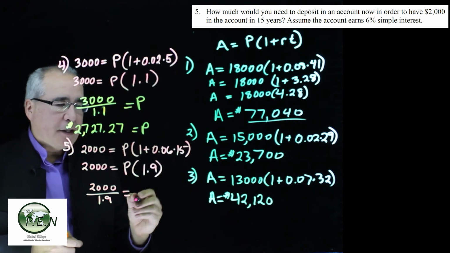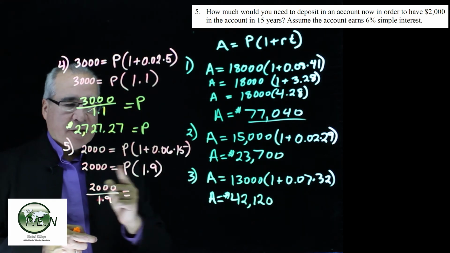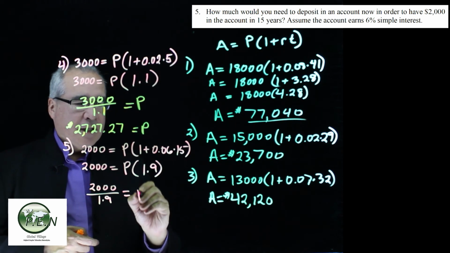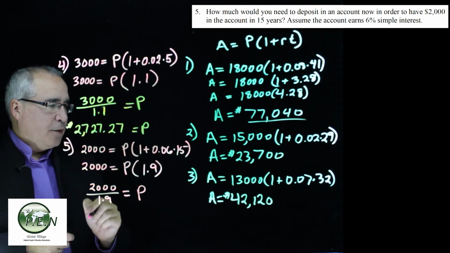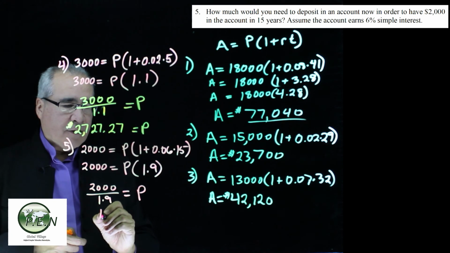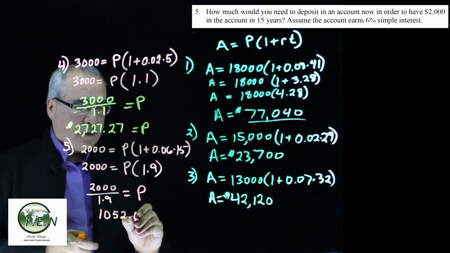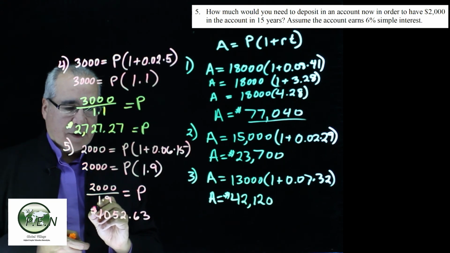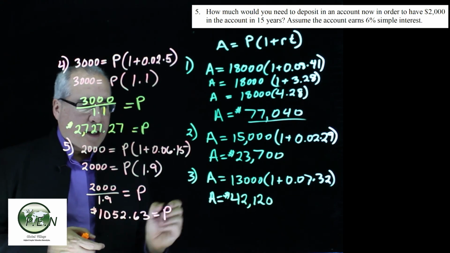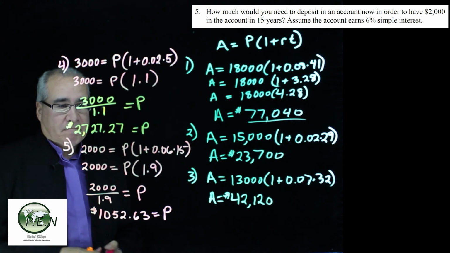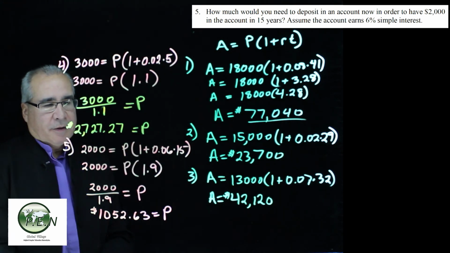I'm just sort of simplifying. Just say, instead of multiply, let's just divide the other side. And that will give us our answer. 2,000 divided by 1.9 is $1,052.63. So that's what we needed to deposit. And then we will have our 2,000 in 15 years.